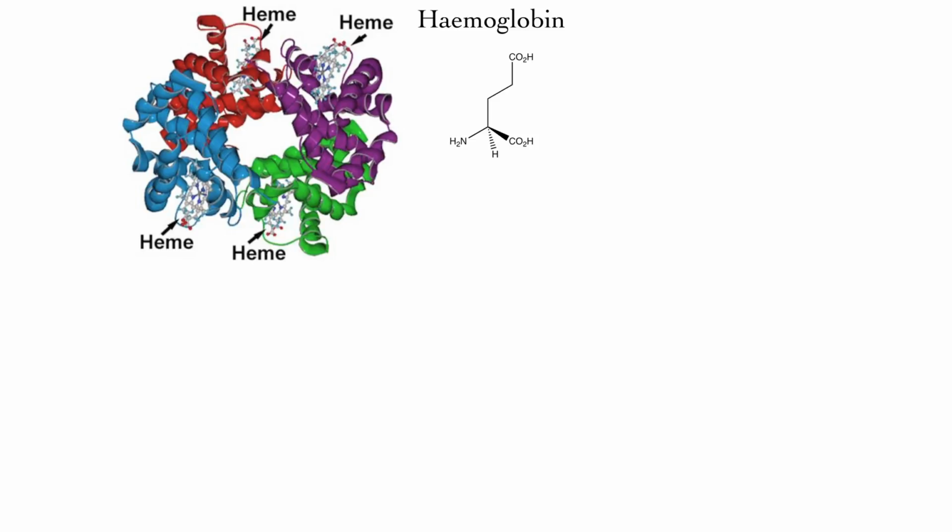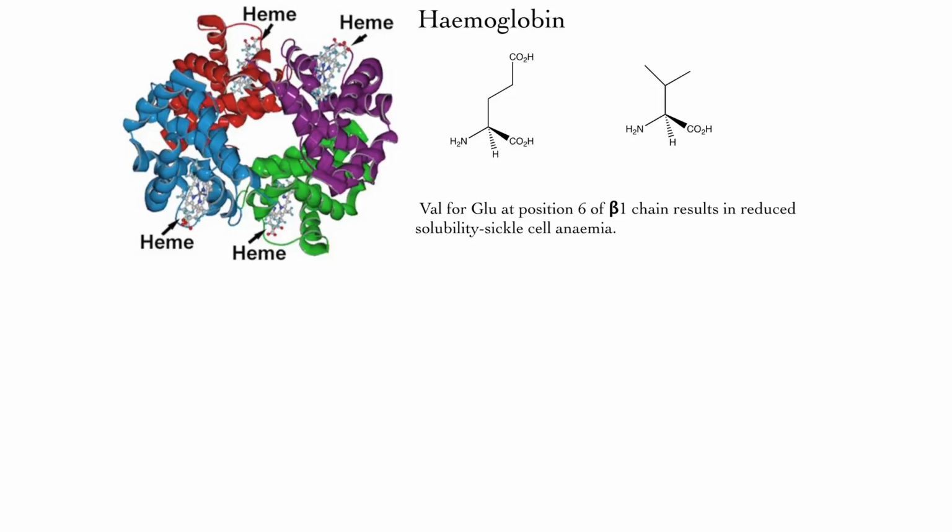Changing the polar glutamic acid, which I've shown, with the non-polar valine at position 6 of the beta-1 chain leads to a form of hemoglobin that's much less soluble than the naturally occurring wild-type hemoglobin, and that gives rise to the disease known as sickle cell anemia.